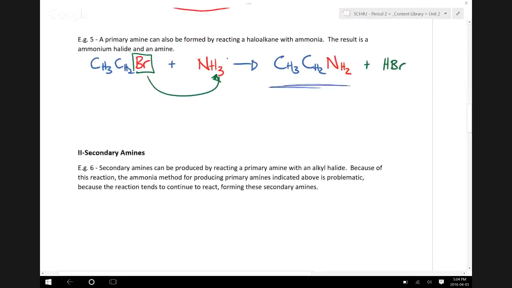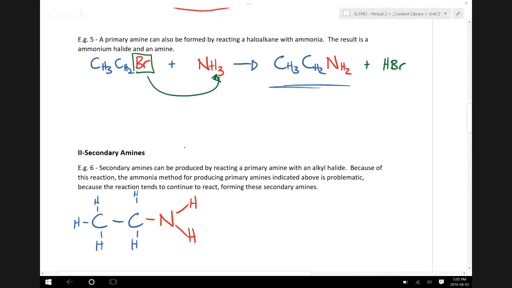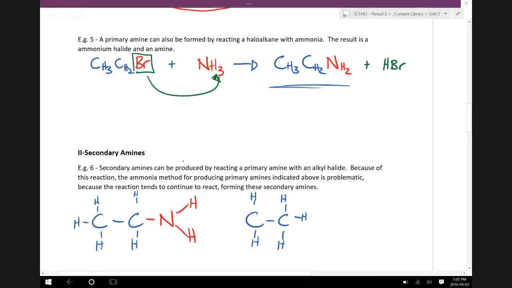Now, if we take this product, our primary amine, it will now be in the same place as the original haloalkane we started with, which, if you remember, had a bromine on its terminal carbon.